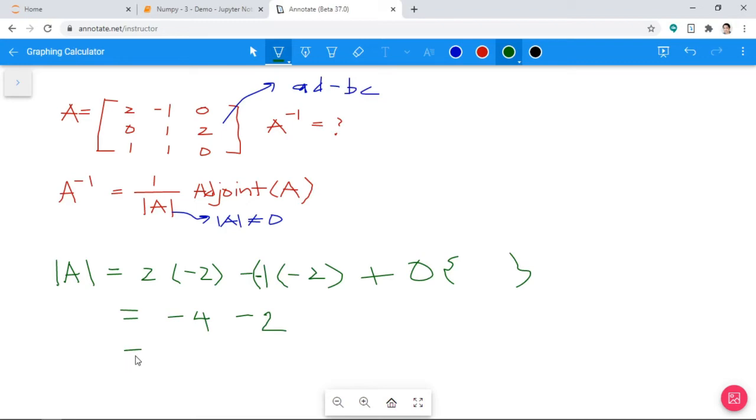So our value for our determinant is -6. So that's already the inverse.